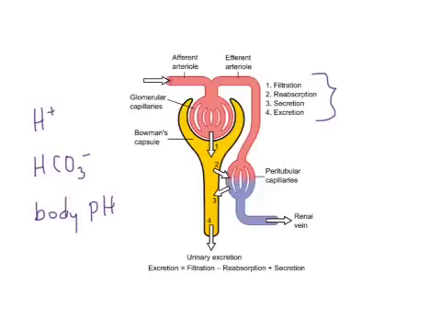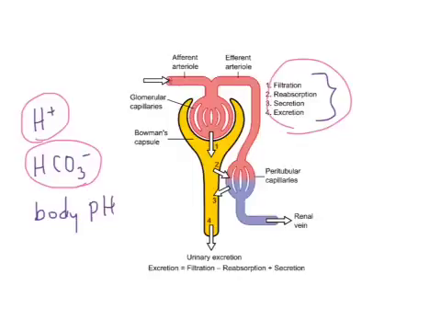So if we can imagine then, if the body was very alkaline, the renal system might say, well, if we don't have enough hydrogen ions and we're alkaline, maybe I'll reabsorb more of these, and maybe I'll excrete more of these. So just from the concept of these two substances and these four functions, we're going to go and look at this integration.